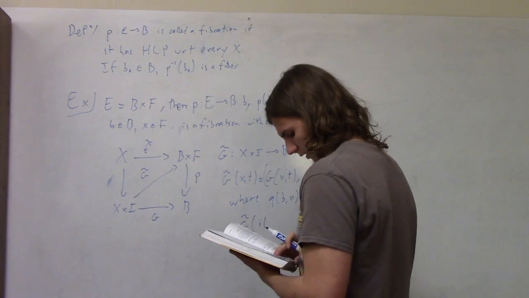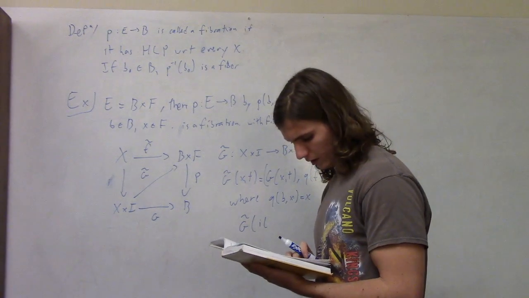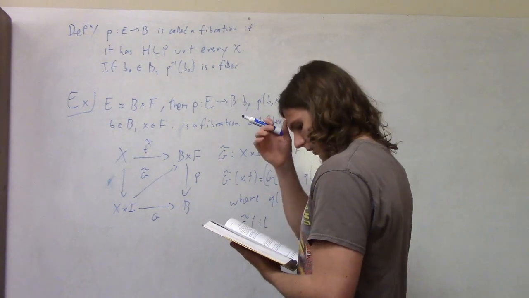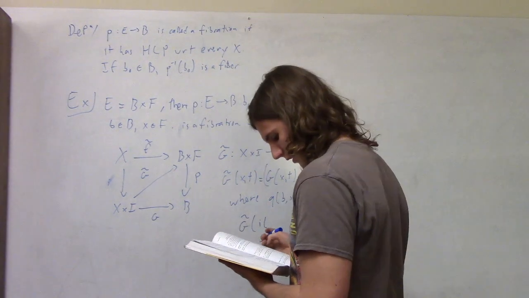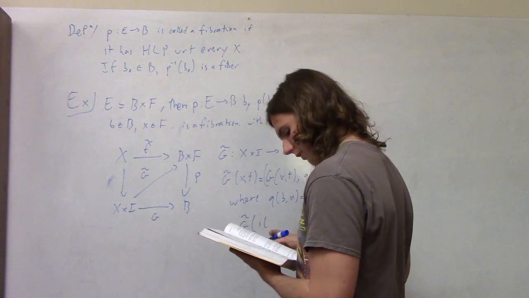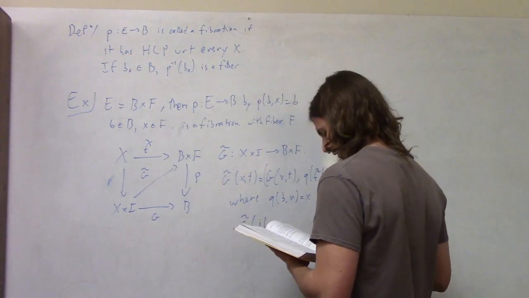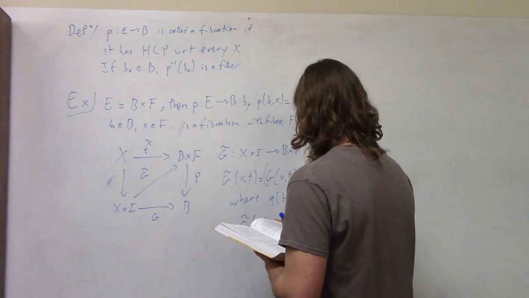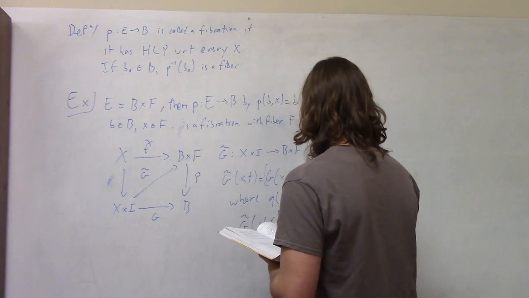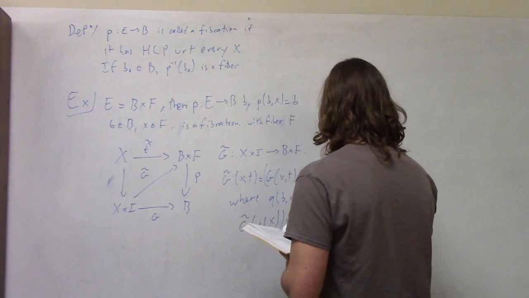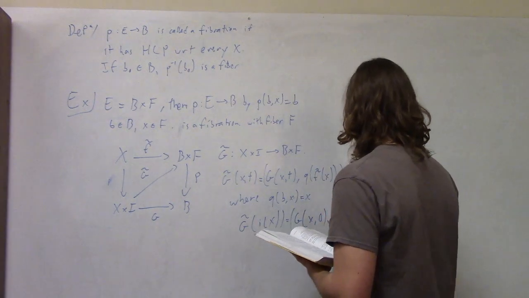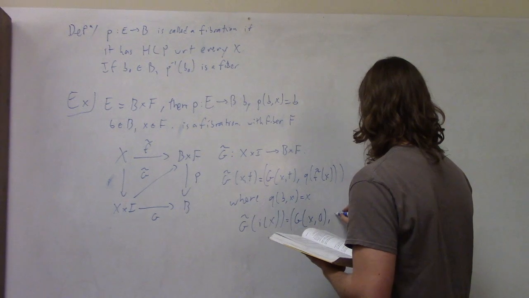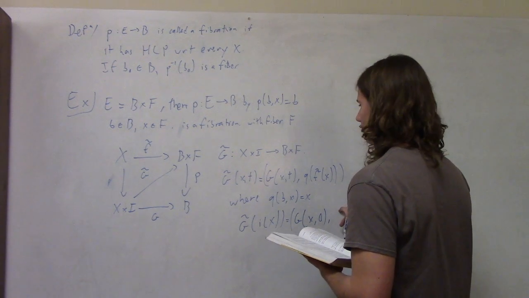I don't know why he talks about x as an element of F and x as an element of X. I guess if x is on the right side, then it's an element of F, and if it's on the left side, then it's an element of X.